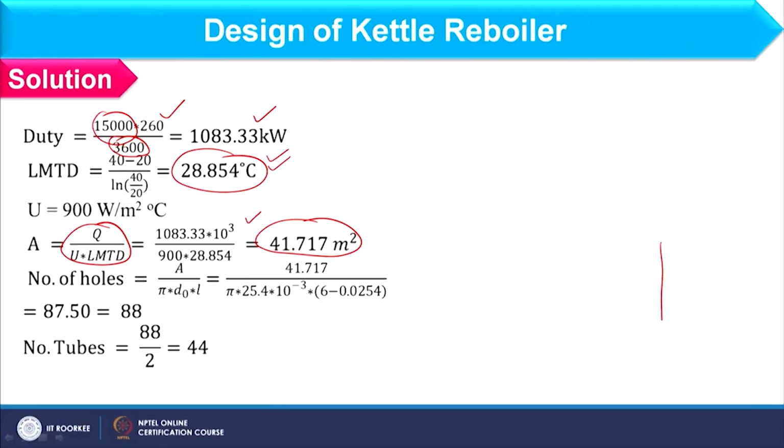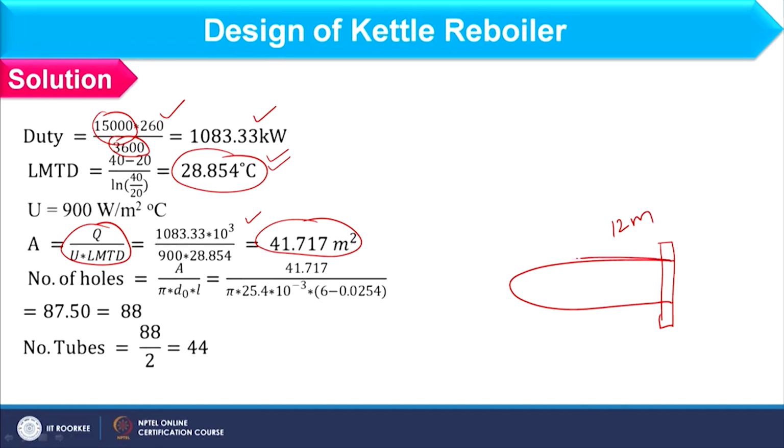Okay. And for that purpose, we can have two procedures. First is, if I am considering the total length of the tube, this is the U tube which enters twice into the tube sheet. Okay. So, if here the tube sheet is there, and this is basically the U tube, and the total length of the U tube is given as 12 meter.